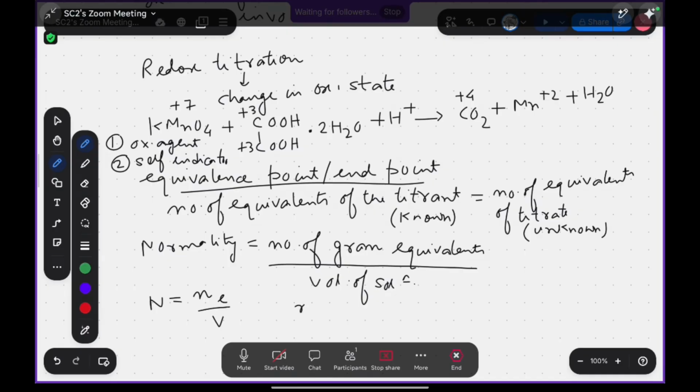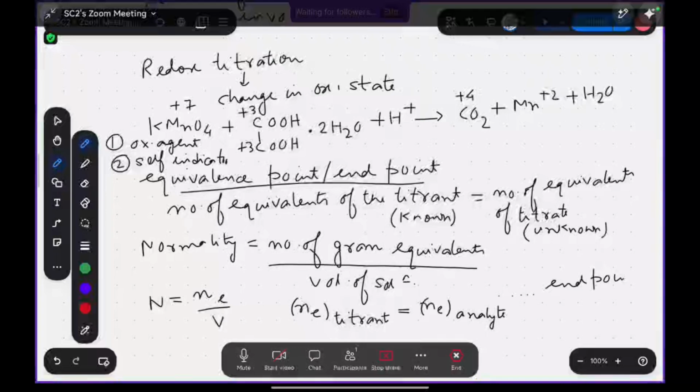When the number of equivalents of the titrant is equal to the number of equivalents of the analyte or titrate, that is when the end point is achieved. Both of them, KMnO4 and oxalic acid, will have the same number of equivalents.